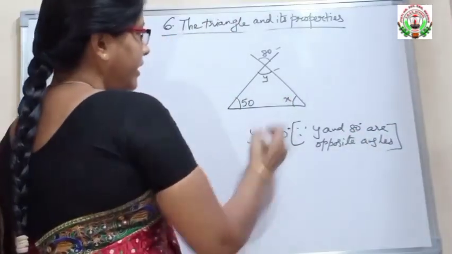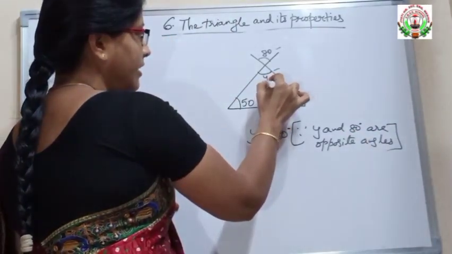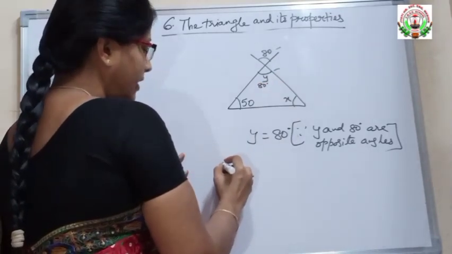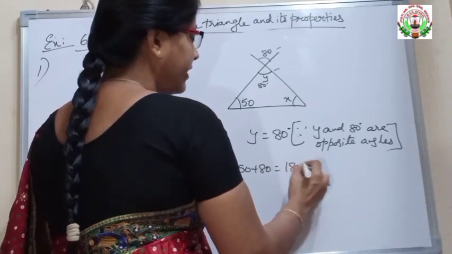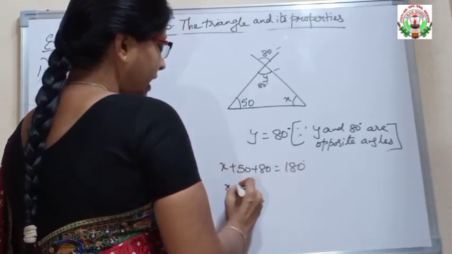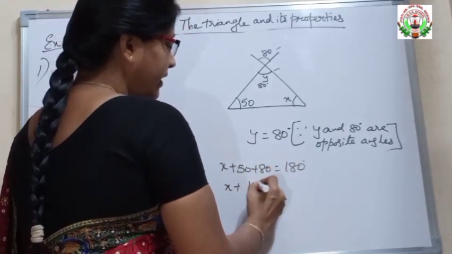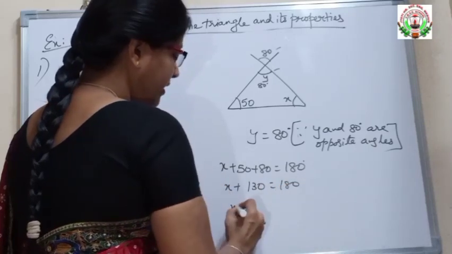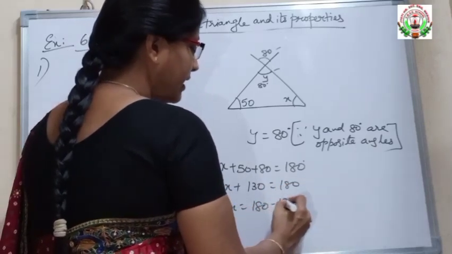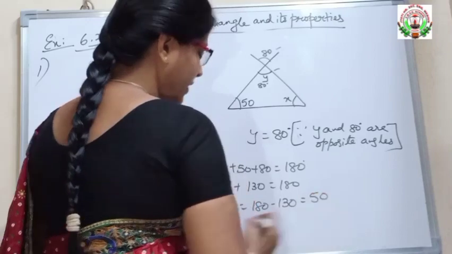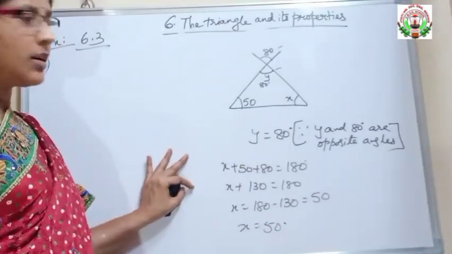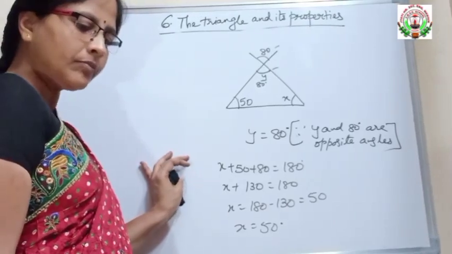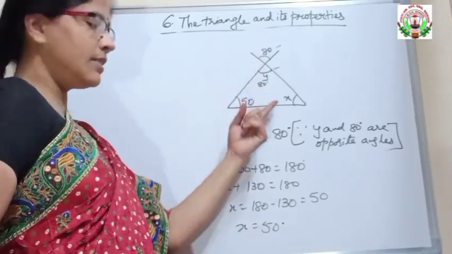So here I have got y as 80 degrees. By using angle sum property, x plus 50 plus 80 is 180 degrees. So 50 plus 80 is 130, x plus 130 is 180. X is equal to 180 minus 130 is 50. So x is 50 degrees. This is your B part. Some questions are like this.